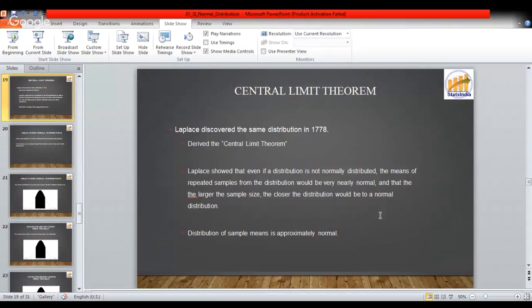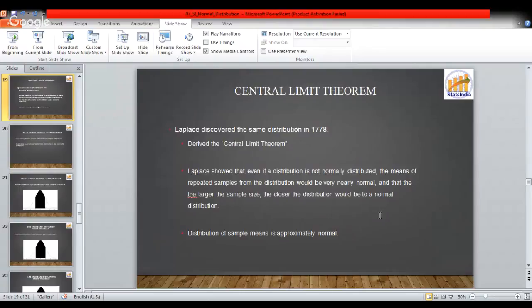Now, what does this mean? Suppose we have a class of 100 students having a wide variety of heights. Very tall students and very short students are there. Now, suppose we know that this distribution is not normally distributed, because so many points are outside our mu plus or minus 3 sigma.